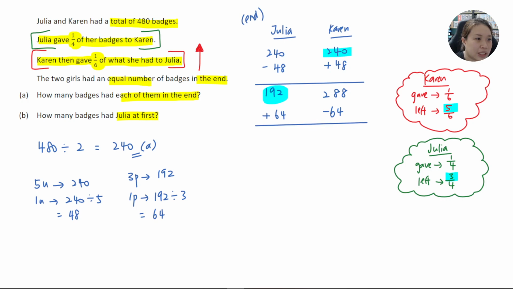Then we draw a line to tally again. So Julia is 192 plus 64, that's 256. And as for Karen, that's 288 minus 64, which is 224. The question only wants us to find Julia, so we have found the answer there. For part B, Julia has 256 badges at first.